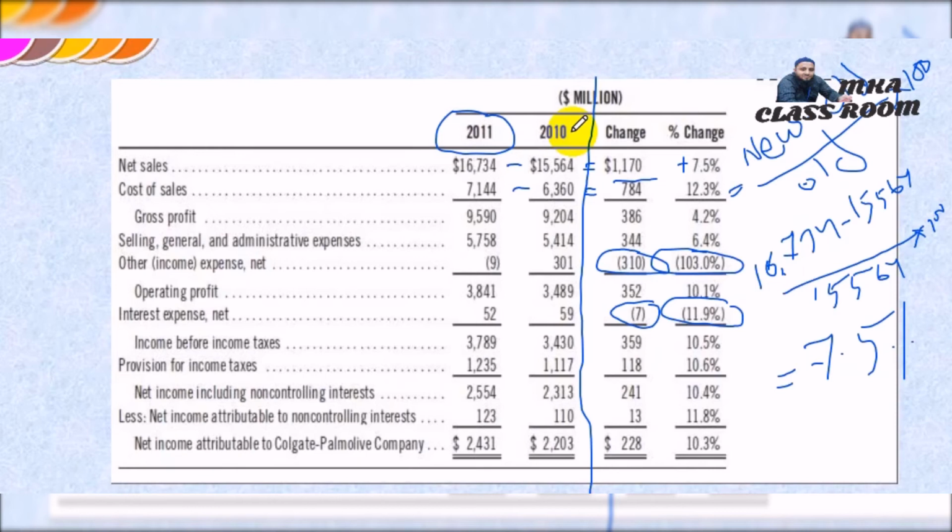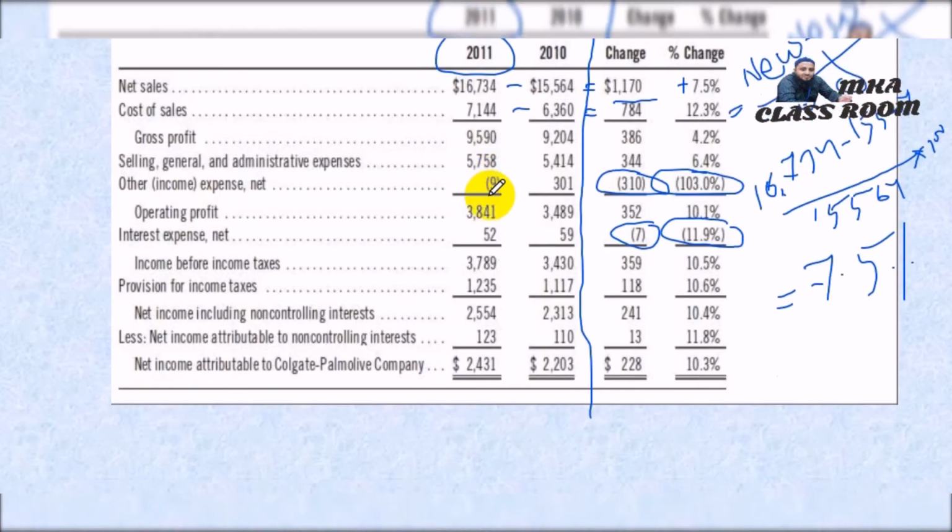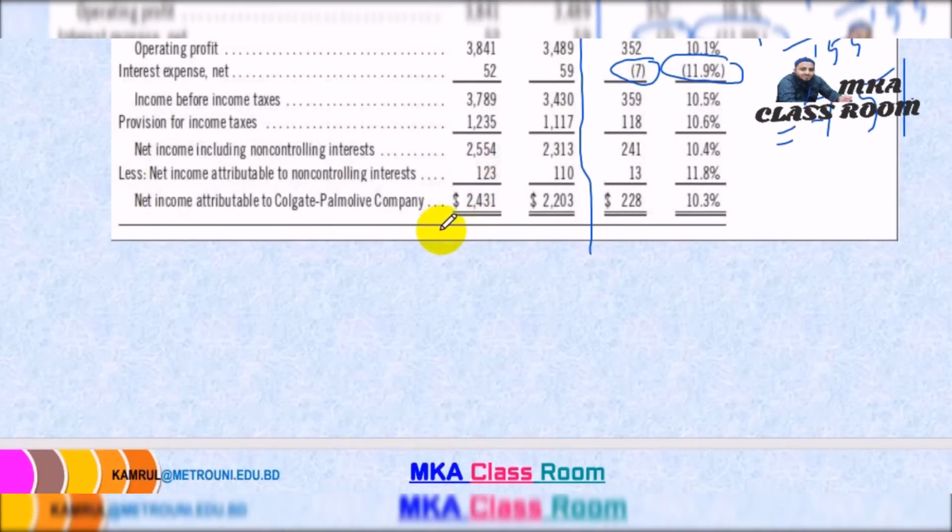So in this way you can explain all the result, what will happen. That is the year-to-year comparative financial statement analysis, or you can call it the horizontal analysis. Why? Because that is the analysis left to right or right to left. So here we are seeing left to right comparison. That's why that is the horizontal analysis.